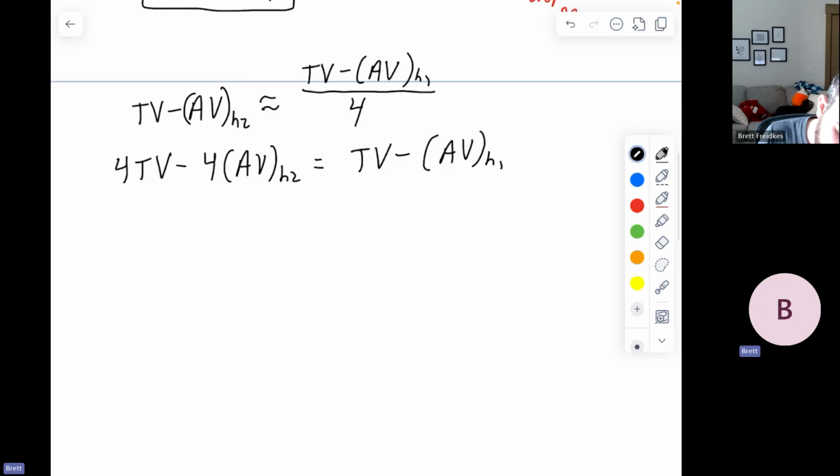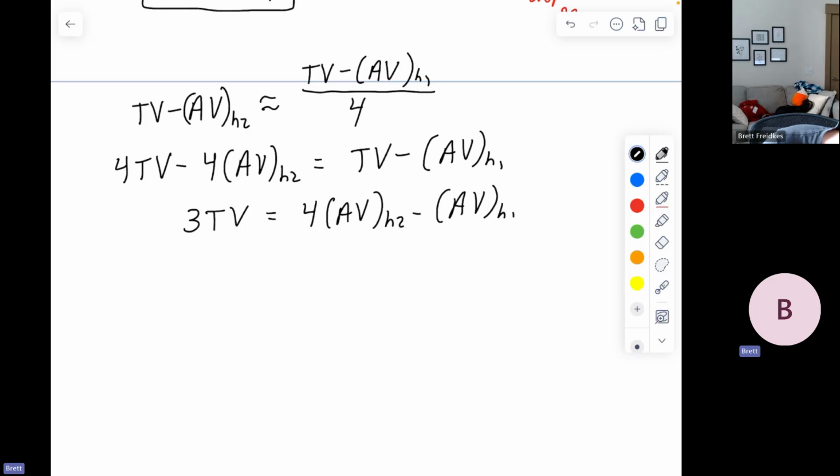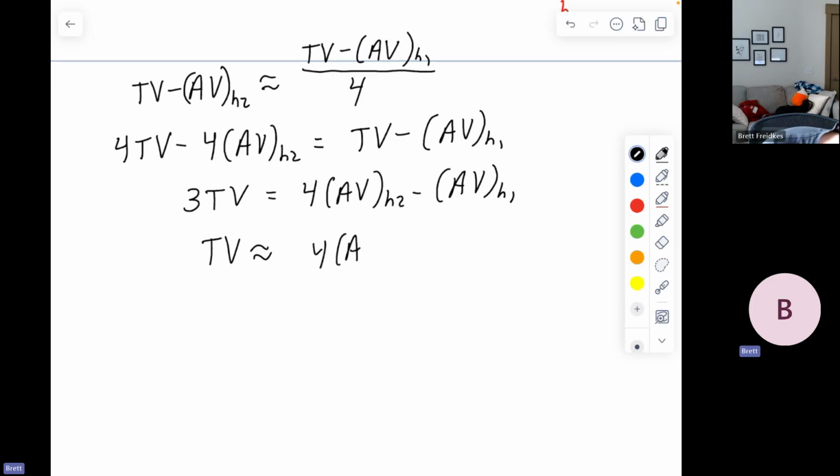And I'll bring the TV on the right over to the left to get 3 TV. And I will bring the 4 AV h2 over to the right. And I can ultimately solve for what these should all be approximates: 4 AV h2 minus AV h1, divided by 3.